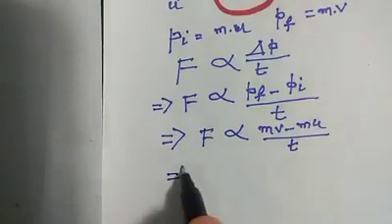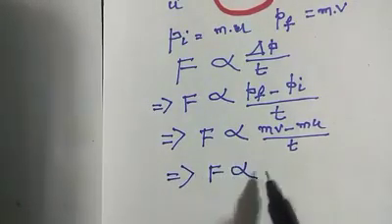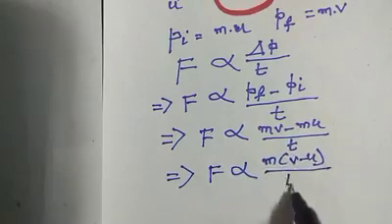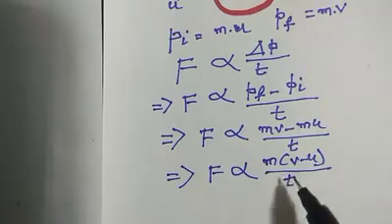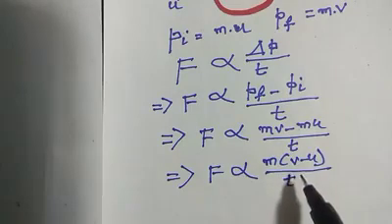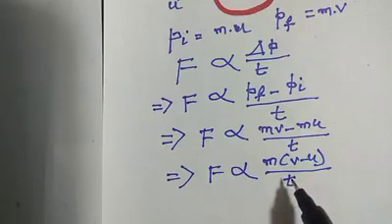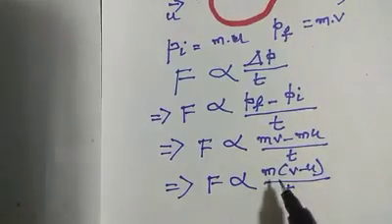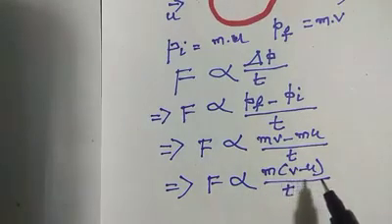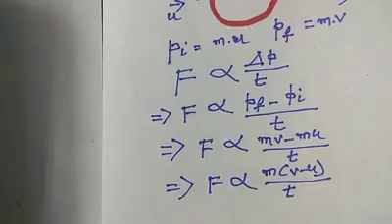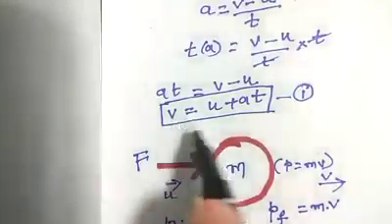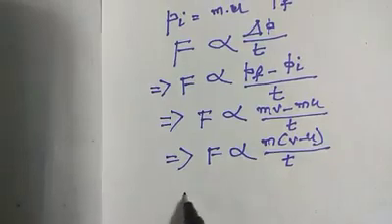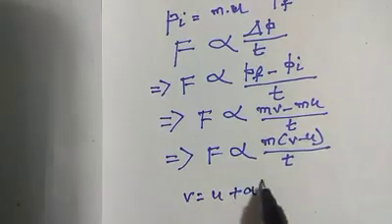And let us take it by algebra: force is directly proportional to, we take m common, (v minus u) whole divided by t. So we are taking v minus u by t. Now, we know from the earlier formula that we deduced, v equals u plus at.